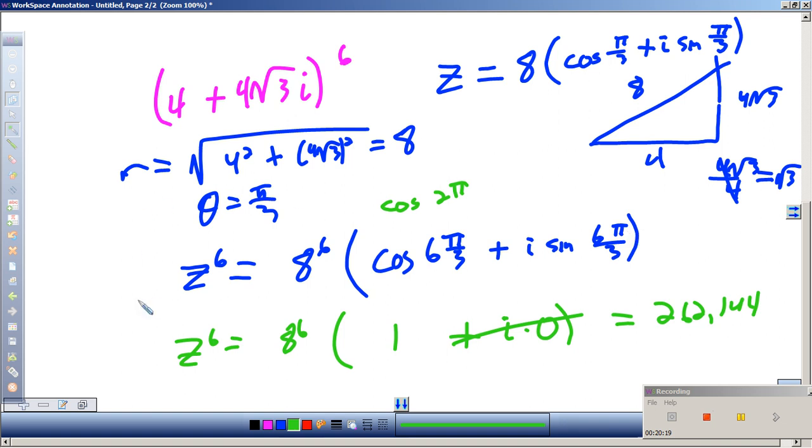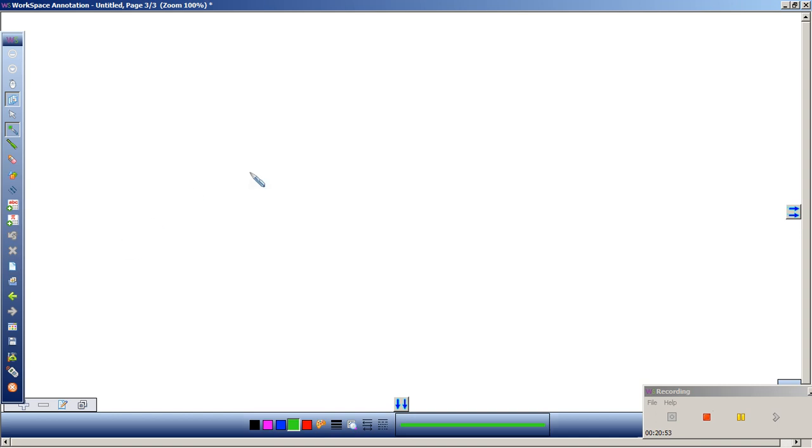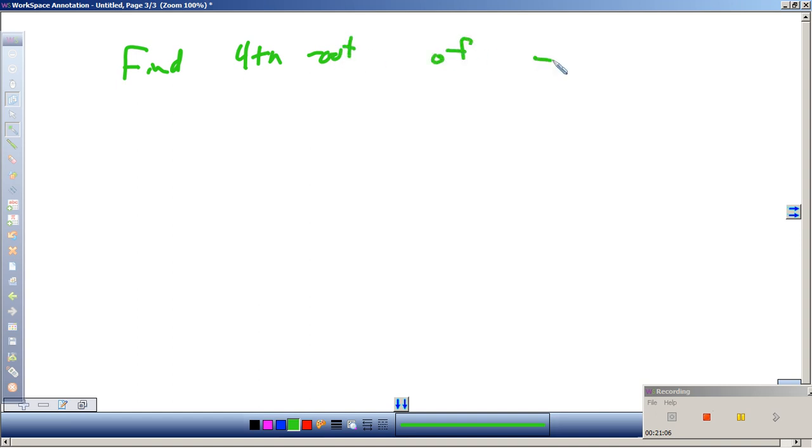Now we're going to do another problem. This one we're going to do the root, because those ones are the more complex ones. So find the fourth root of -4 minus 4i. So -4 minus 4i, so we're down here.